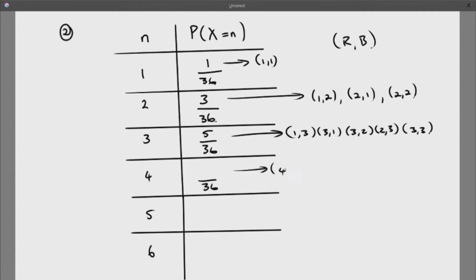I need a 4 and something else. So I need a 4 and a 1, 2, or 3. But they can swap around. I can have a 1, 2, or 3, and then the 4. Or I can have 2 4s. So there are 3 of these, 3 of the others, and another 1.